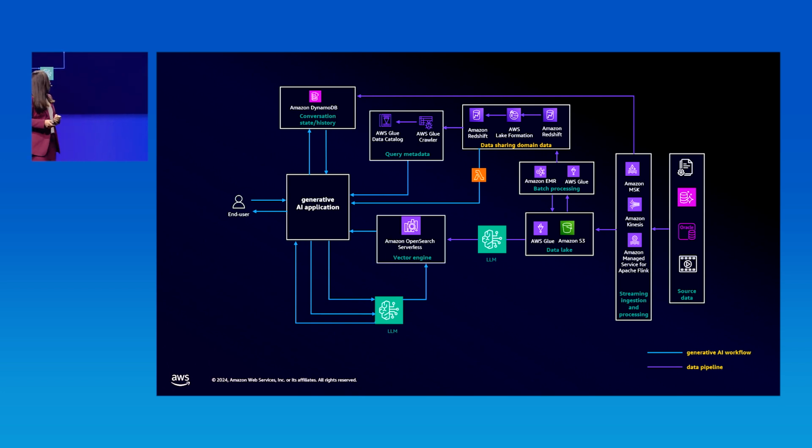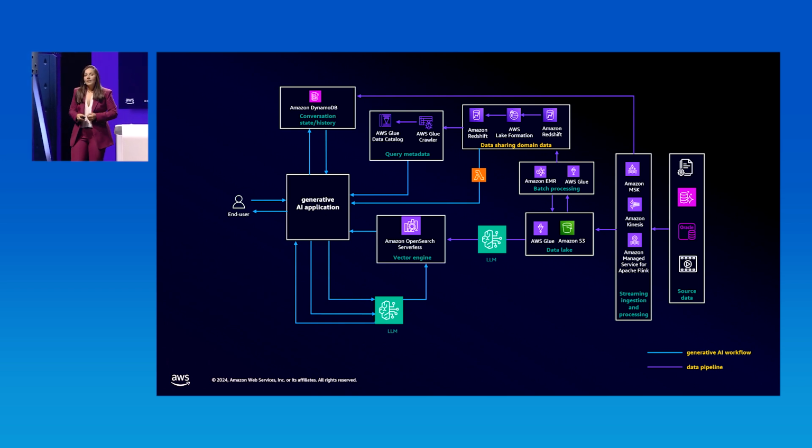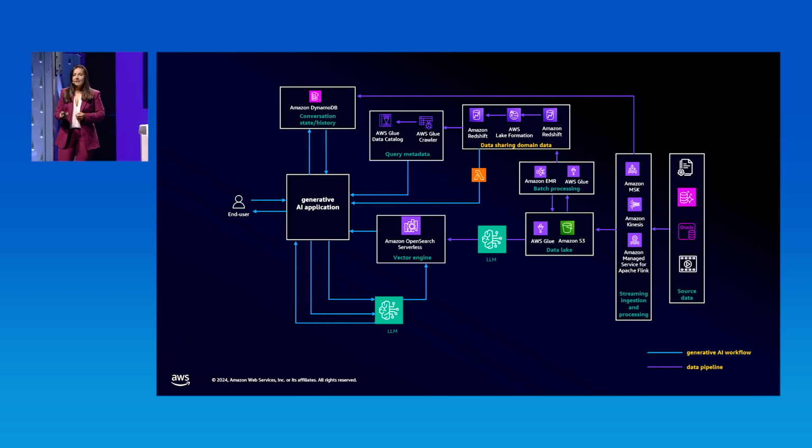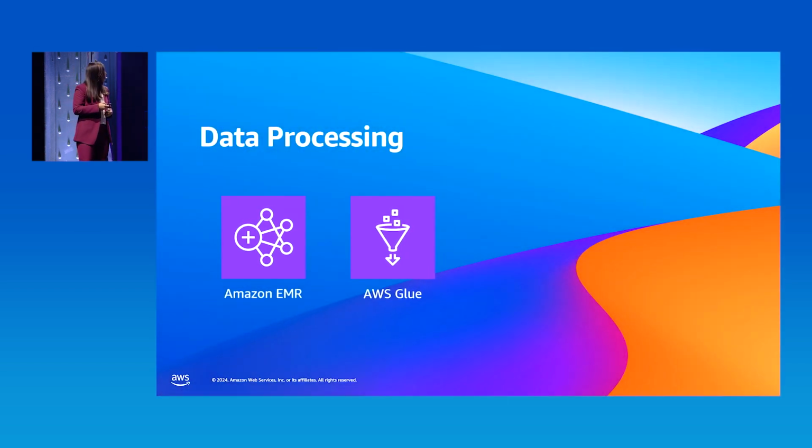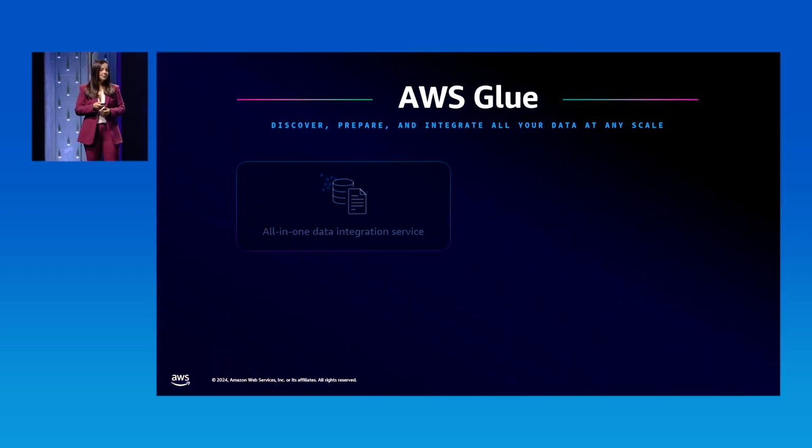So we've seen the data ingestion. We've seen that we can store the data on S3. Now we want to integrate it, clean it, and transform it using business rules, and integrate it in a way that it is available for consumption. We can do this using our data processing services, Amazon EMR and AWS Glue.